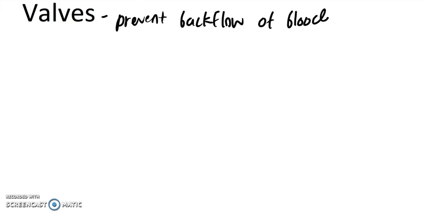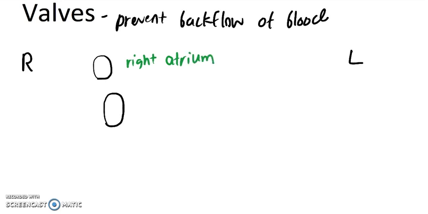The first set, again, let's orient ourselves, is between the right atrium. This chamber here is the right atrium, and it is between the right atrium and the chamber below it, which is the right ventricle.